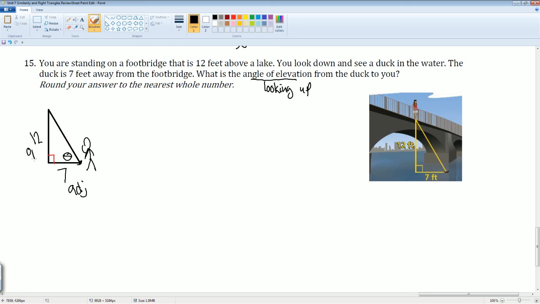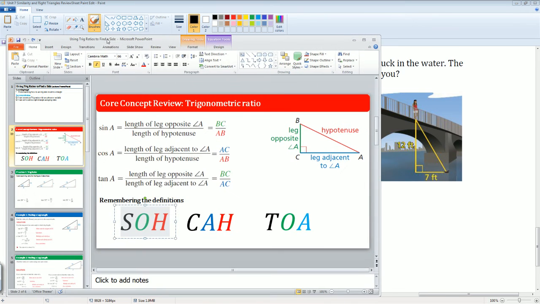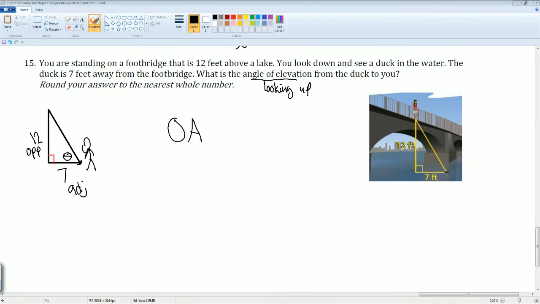Your 12 is your opposite. Oh, sorry, I'm skipping steps here. I have the O and A as my two letters. So I look at my notes and I see O and A, which is TOA, T. So I write T here. TOA.